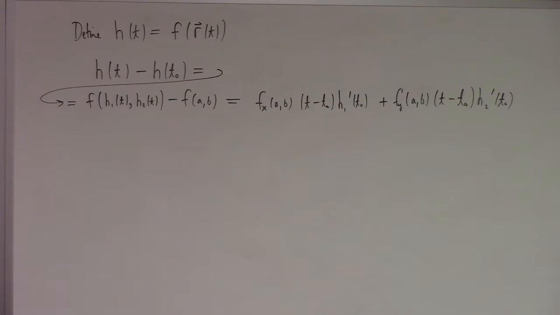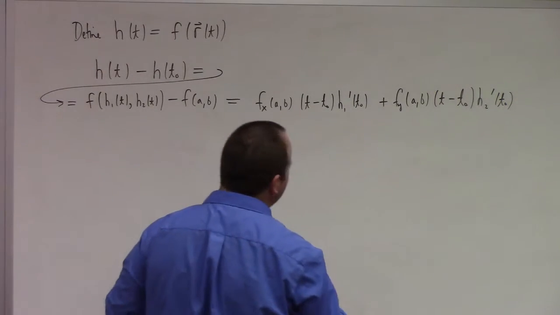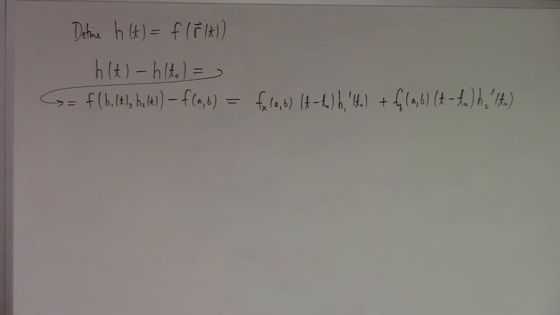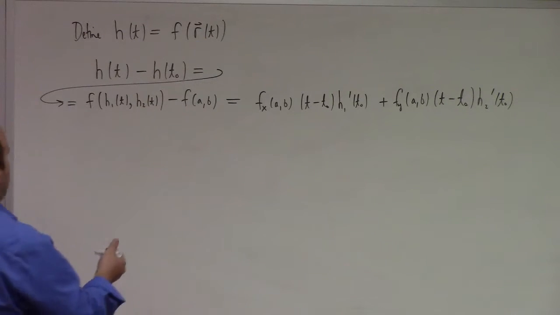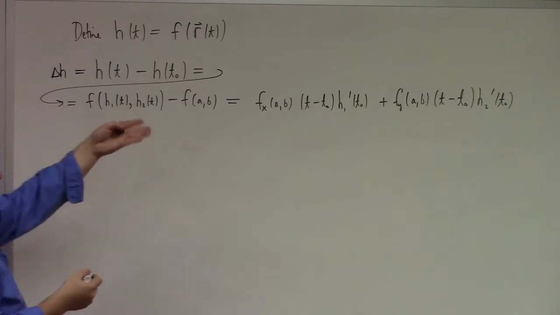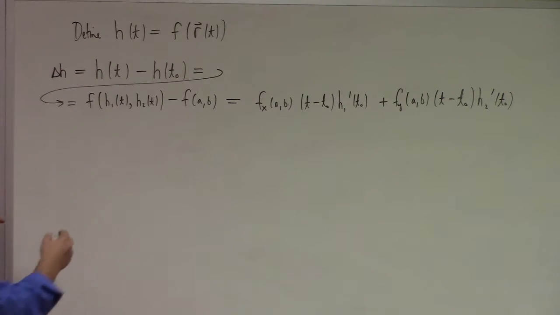Oh, I know the problem. I'm an idiot. It's fine, guys. So when you want to calculate h prime of t naught, what do you have to calculate? What I've written right here is the change in h. Here's a formula for the change in h. But what's h prime of t naught?